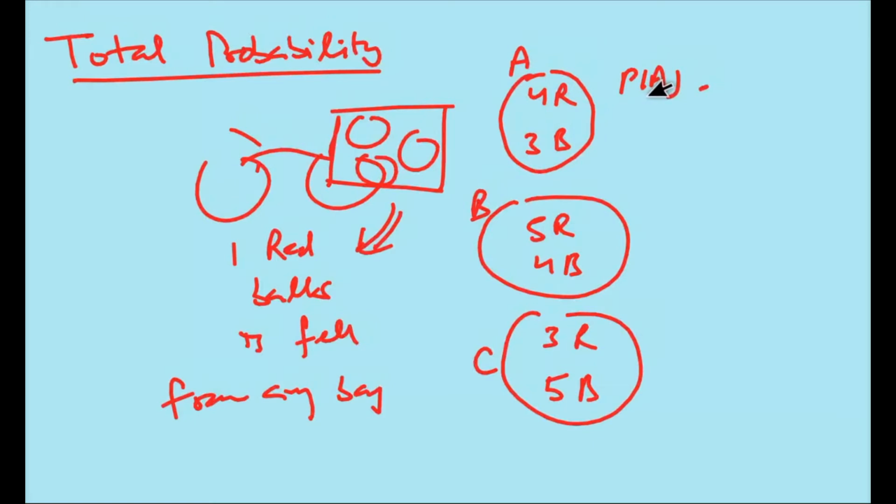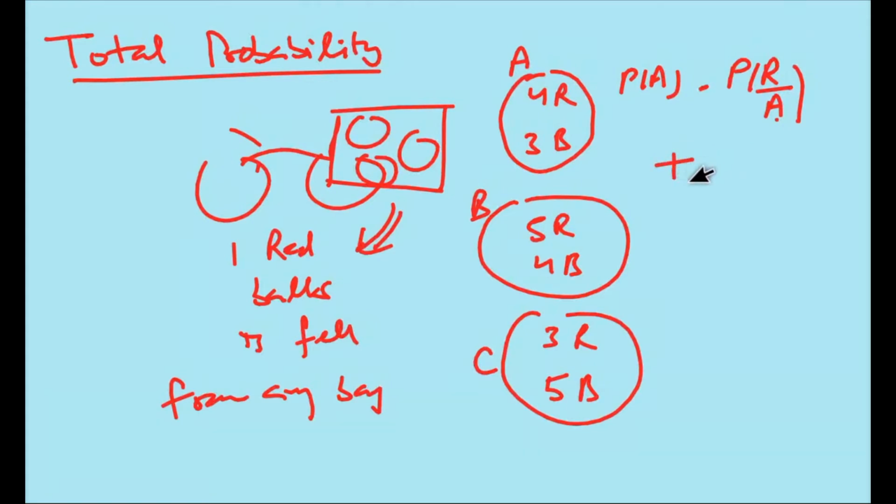When you have selected bag A, then from this bag you have to take the red ball. So it is a conditional probability: first choose the first bag and then take the red ball from that bag.